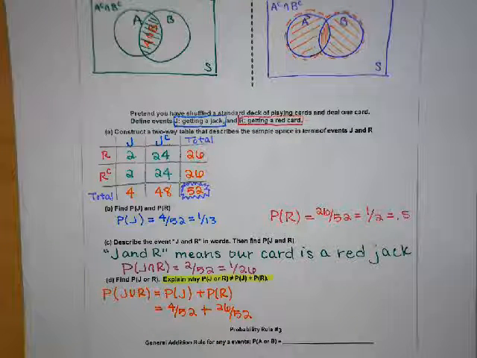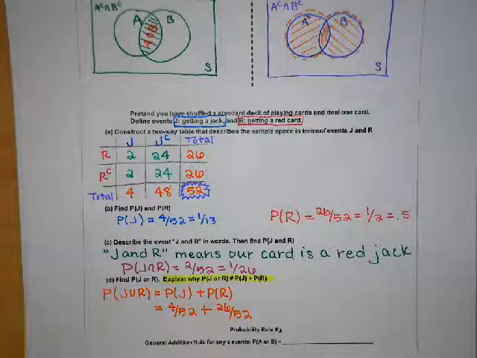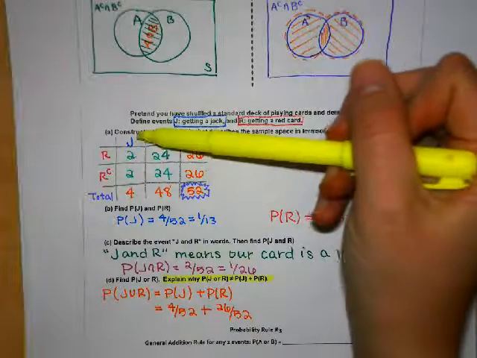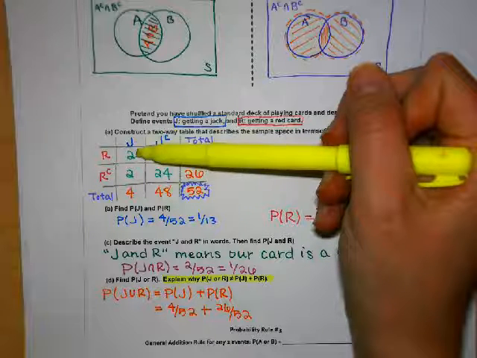So what I showed is incomplete. It is the start of how I find it, but if I left it here, I would get the wrong answer. So when I find the probability of J, getting a jack, I looked at 2 red and 2 non-red jacks to get 4 out of 52.